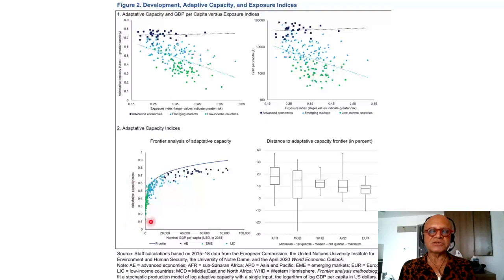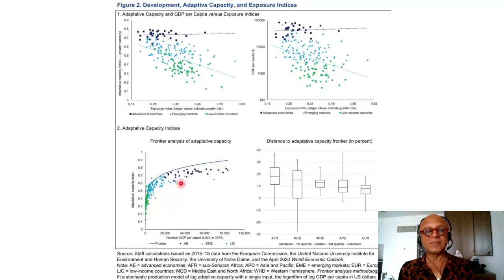But again, the message is, if you look at various regions, advanced economies and European, EMDEs, emerging markets, and LICs, low income countries, and so on, the nominal GDP is low and adaptive capacity is low, so you want to be as close to high adaptive capacity as possible.